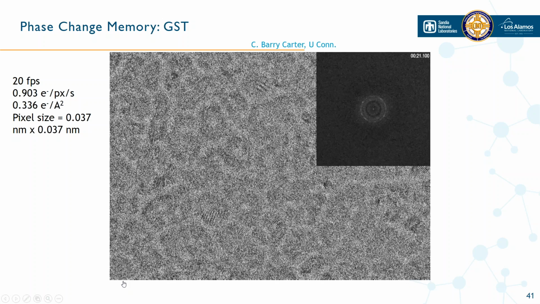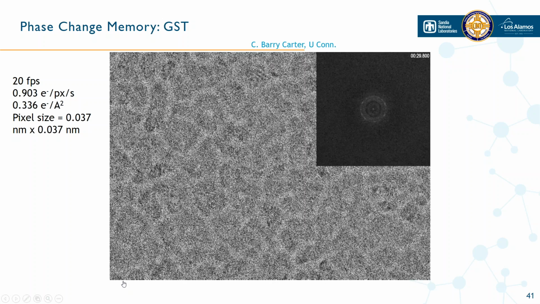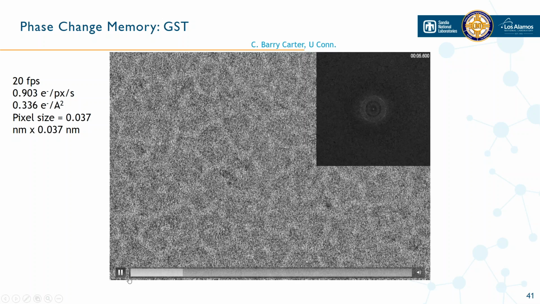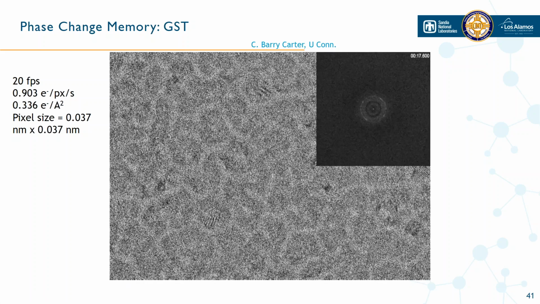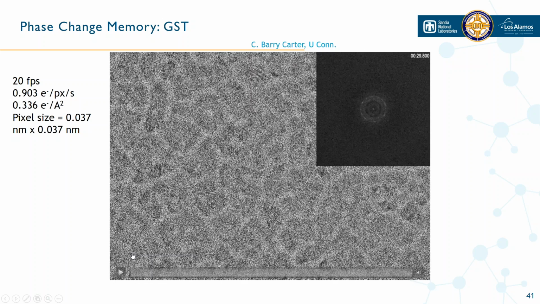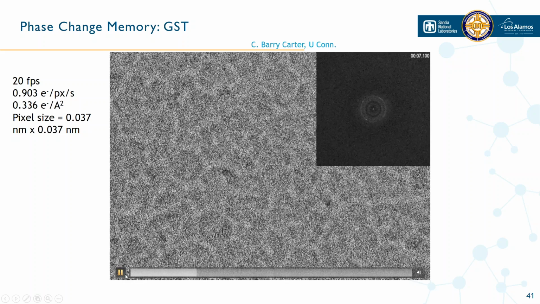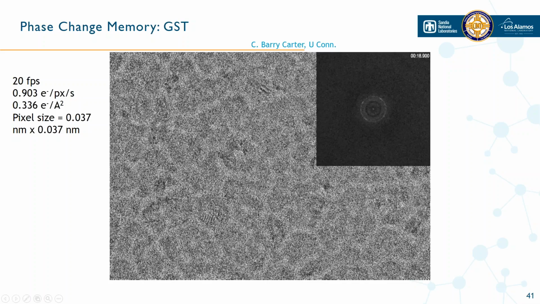And this was heating it up to 500 degrees C. So here you're seeing the structure changes throughout the video from amorphous to crystalline, and so they can observe how that occurs, what the particle sizes are, and how the material kind of segregates during that process. So next video.